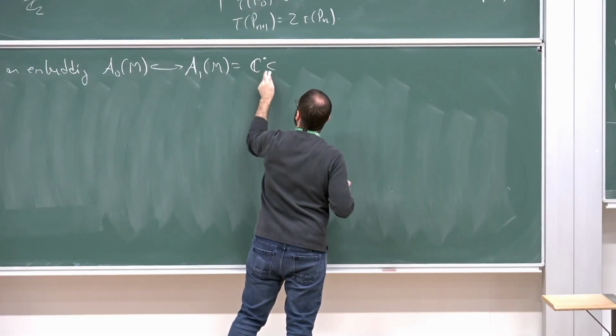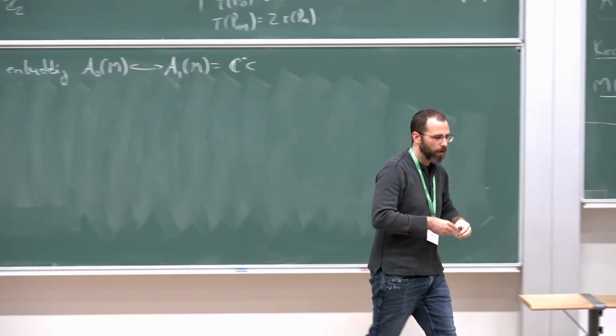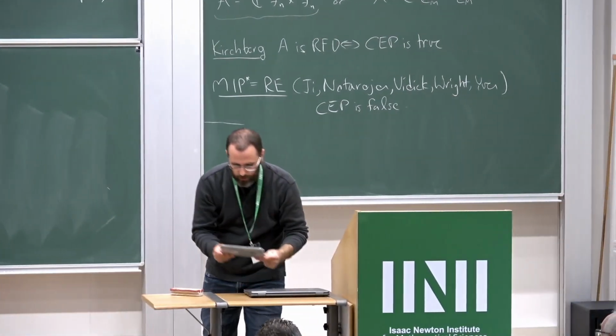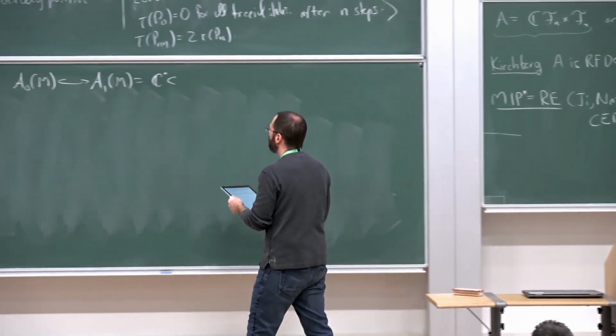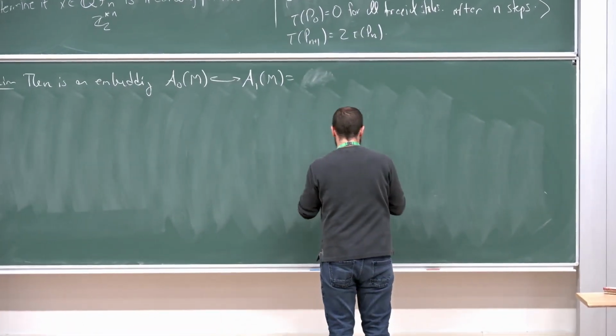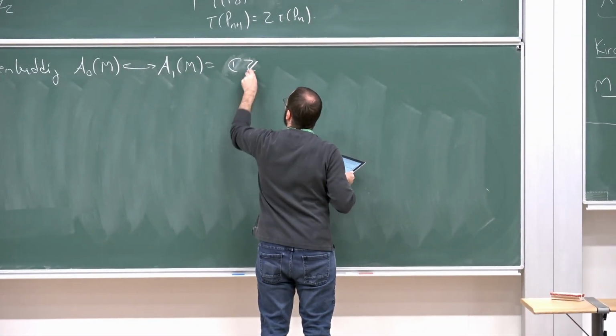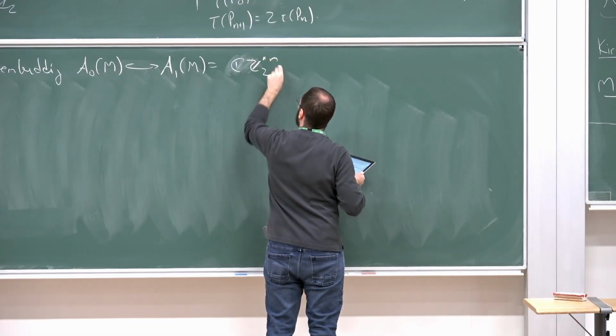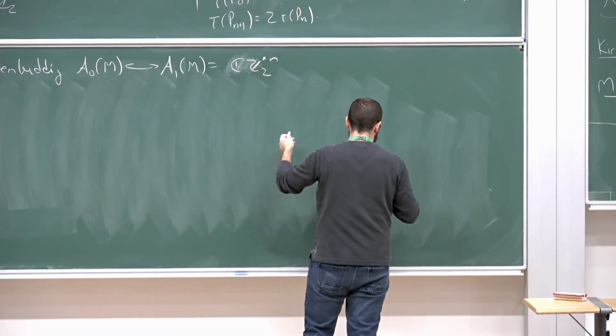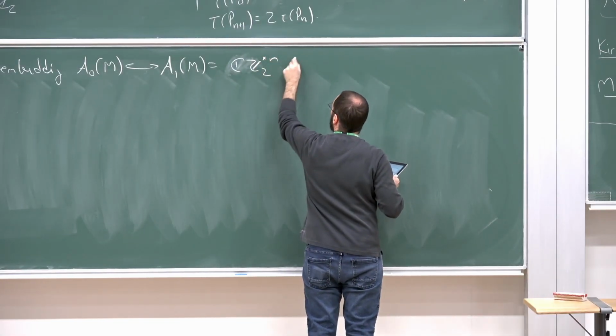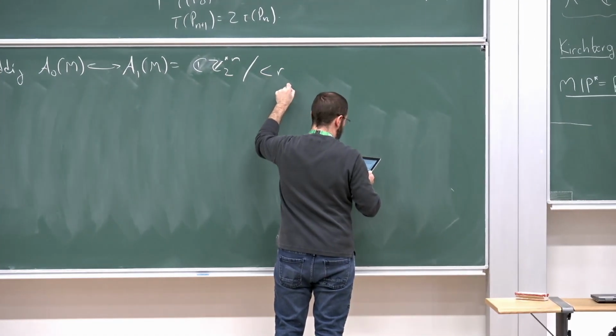We need some new generators because we're already using x's. We are going to want it to be a quotient of Z2 star n. So let's say we have some generators for this, and then we're going to have a finite number of additional relations.